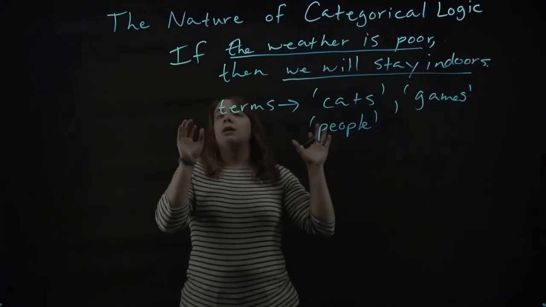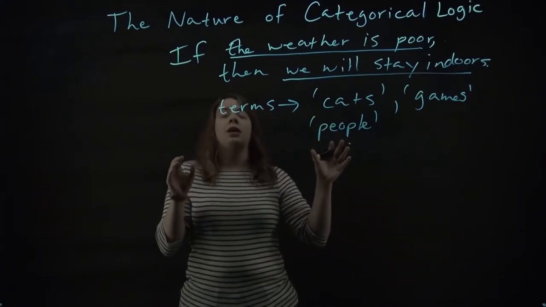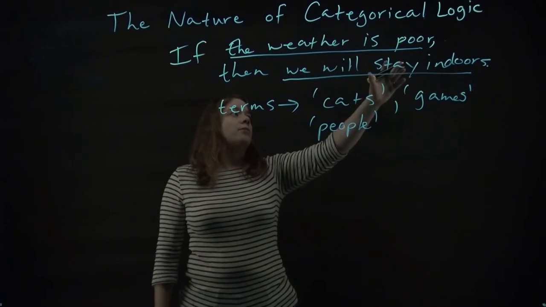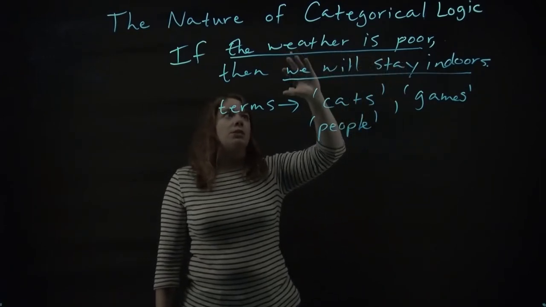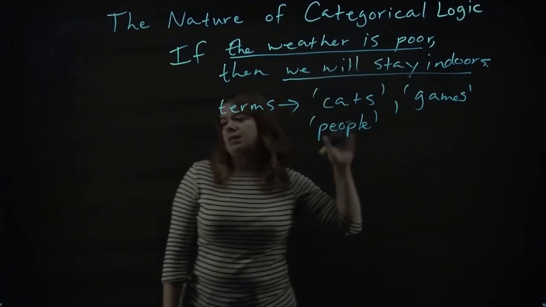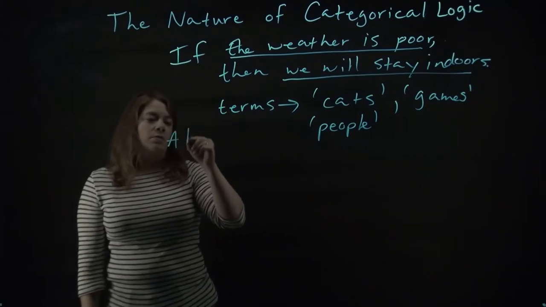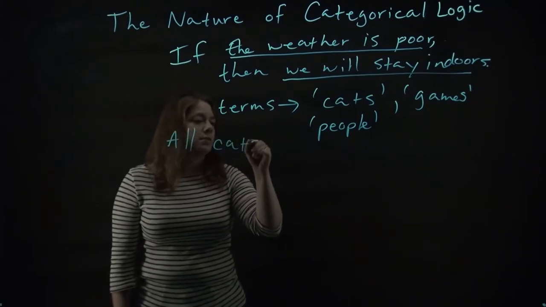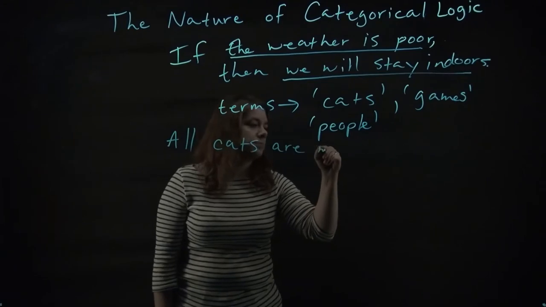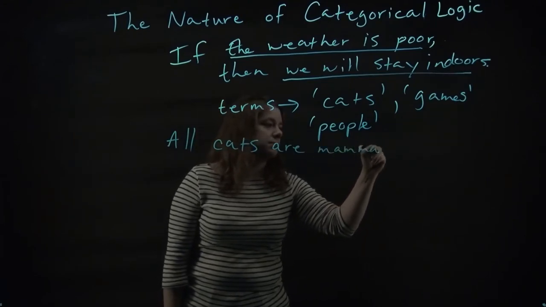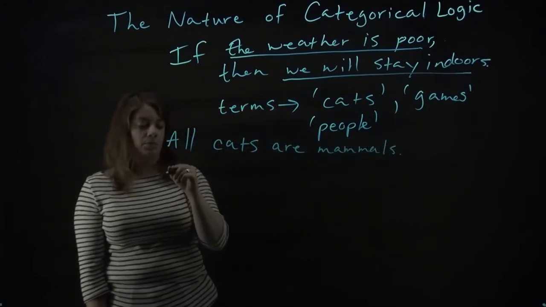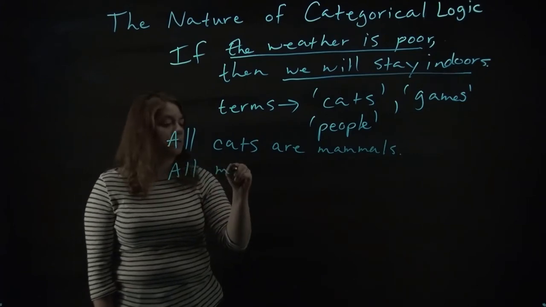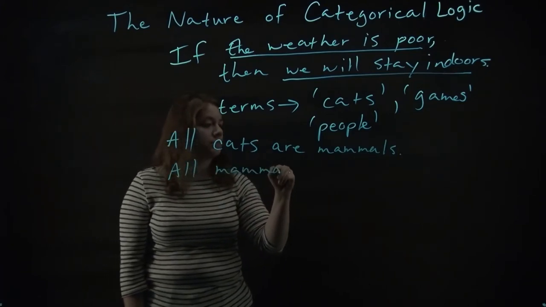Now, propositional logic is helpful in determining the validity of arguments that are dealing with statements, but it won't help us for arguments like the following. All cats are mammals. All mammals are warm-blooded.